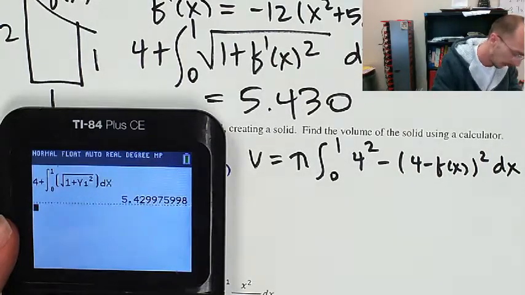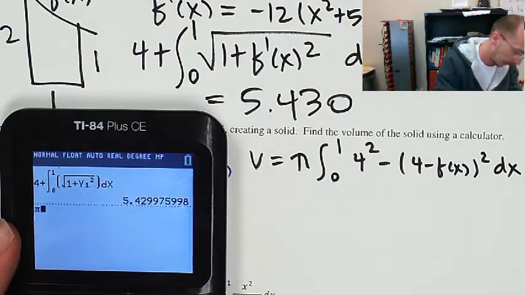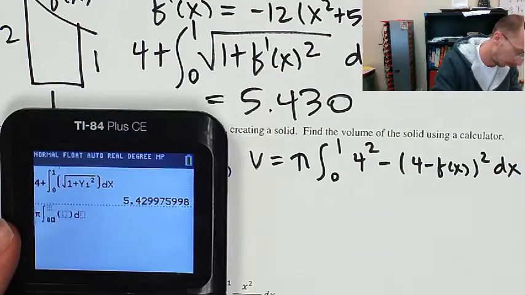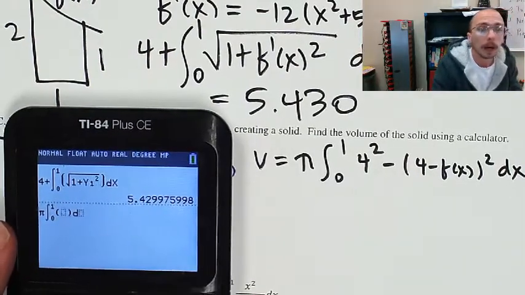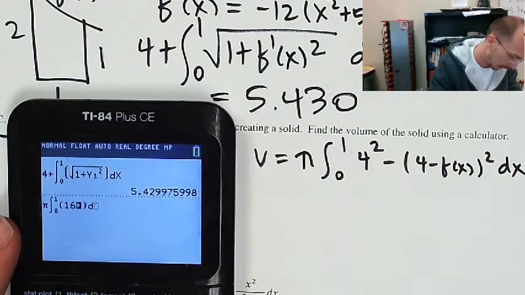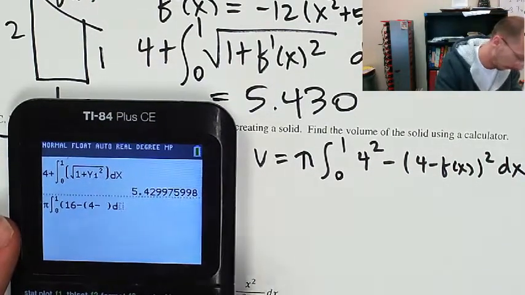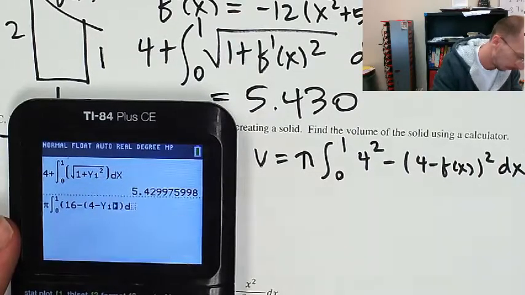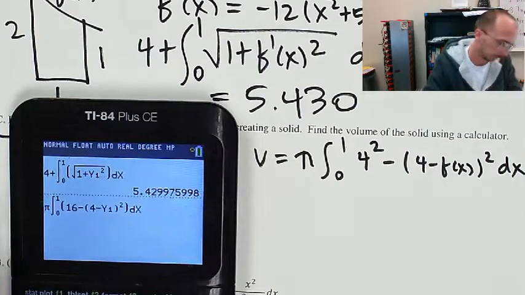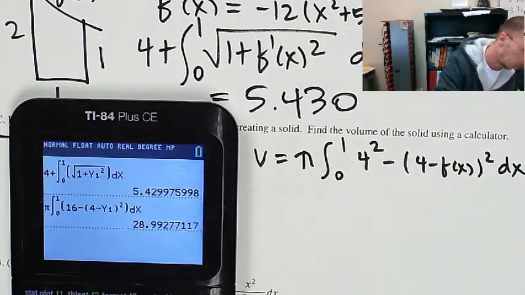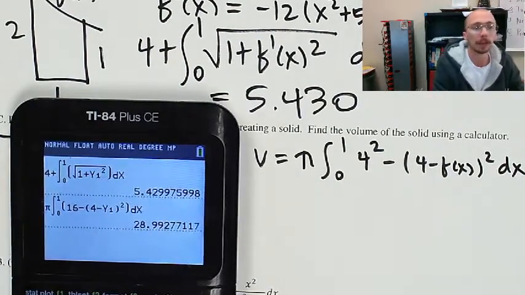Okay, that's in y1. And now I'm going to do pi times the integral from 0 to 1, that's 4, not 0 to 1, of 4 squared, which is 16, minus, and then in parentheses, 4 minus y1, squared, dx. And I get 28.993.